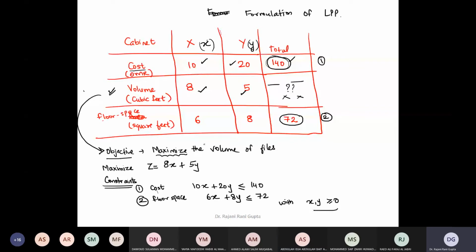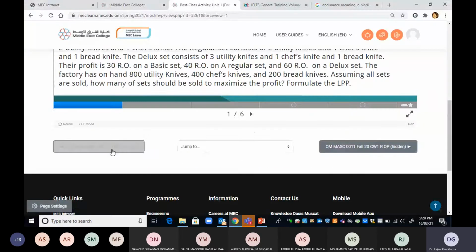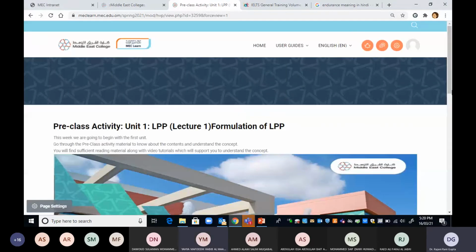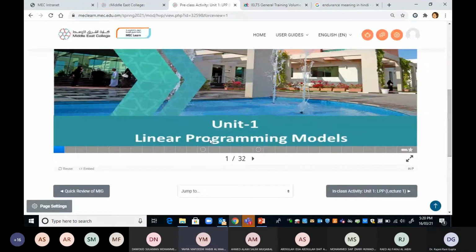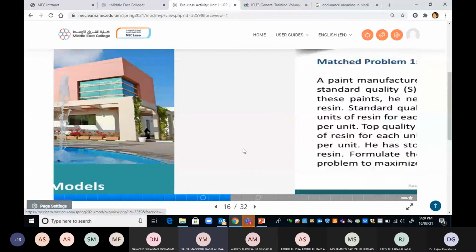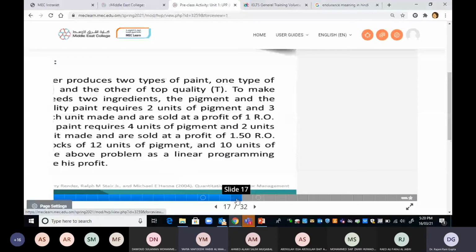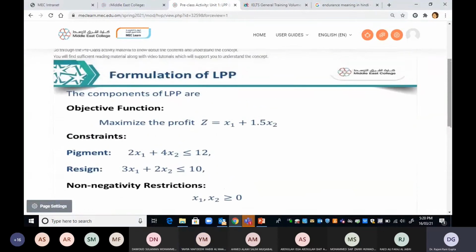So this is what is mentioned in your pre-class for this week's class. The problem is that sometimes we cannot prepare the table correctly, and if the table is not correct, everything is not correct. Yes, that's true. Not a problem.